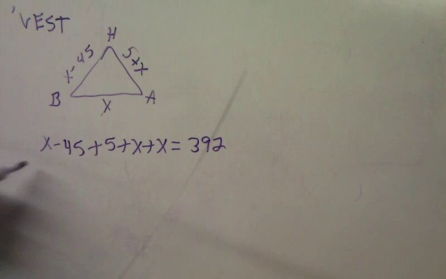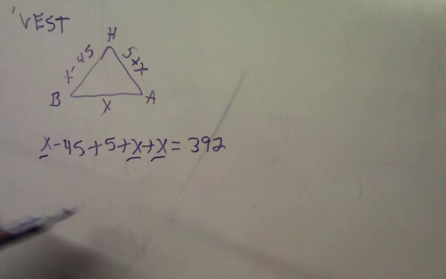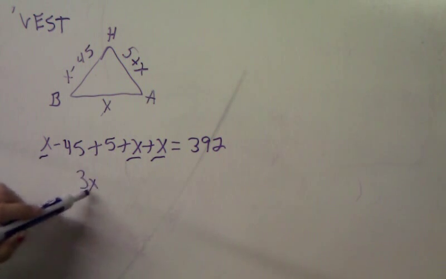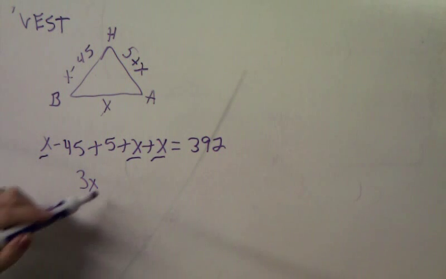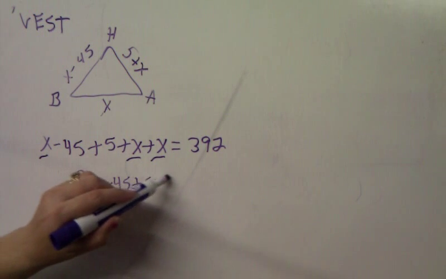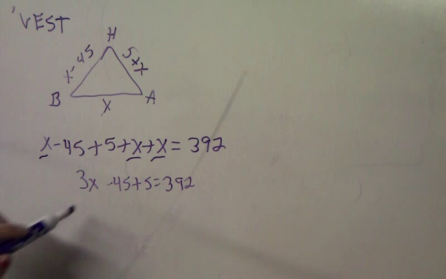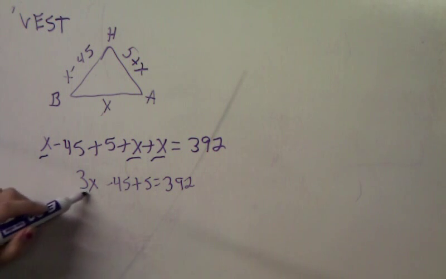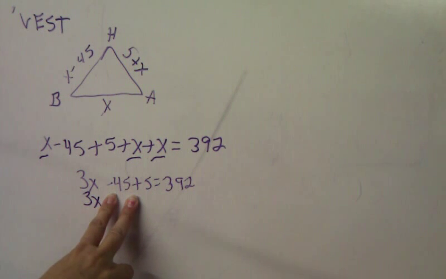Let's add like terms. I'm going to underline all my X's. I have 1, 2, 3X. Minus 45 plus 5 equals 392. So I have 3X. My signs are different, so I subtract and use the sign of the larger number.